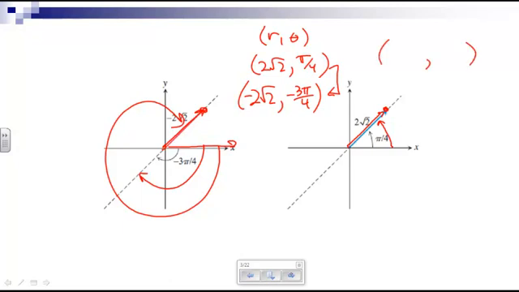Starting here and going 75% of the way around the circle, I think that would be something like 7 pi over 4. And then we moved to root 2. That coordinate describes exactly the same place as the other 2 coordinates. There is an infinite number of ways to describe the same point in polar coordinates.